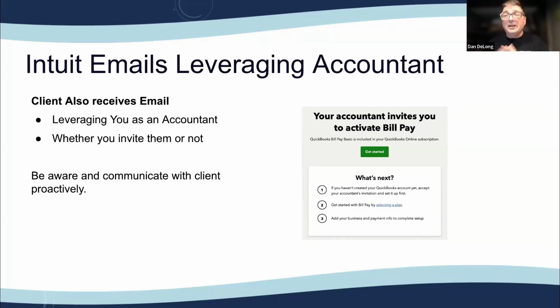So whether you invite them to do this or not, this email is going to go out. So one workaround or one option is to make yourself the primary admin before this email comes out, so you get it and not the client, if that is your intention, or to just be aware that this email is going to go out and communicate with your client proactively.